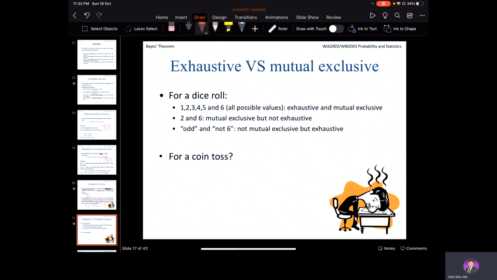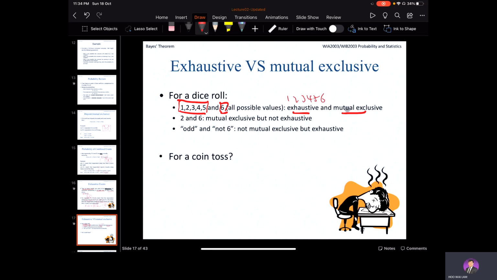The first event, this is the second event. Exhaustive and mutually exclusive. Why? Because whenever you union the first event and the second event over here, you get 1, 2, 3, 4, 5, 6.